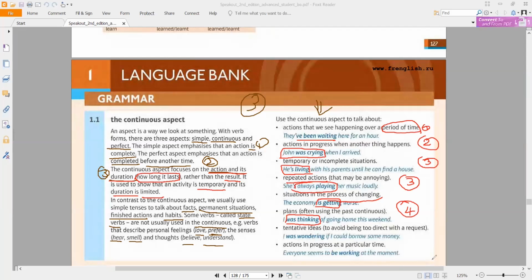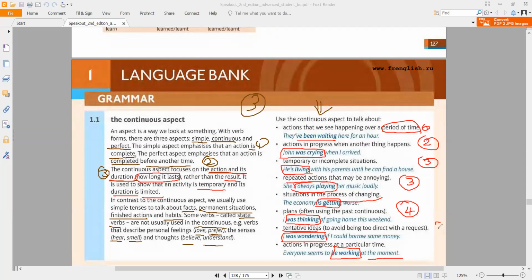For example, I was thinking if I could borrow some money. Actions in progress at a particular time. Everyone seems to be working at the moment. Again, progress at a specific particular time.